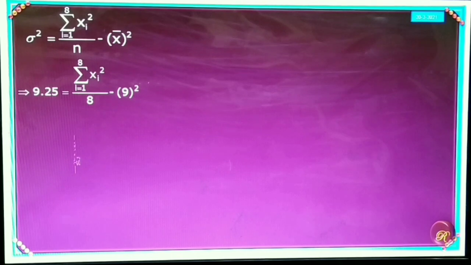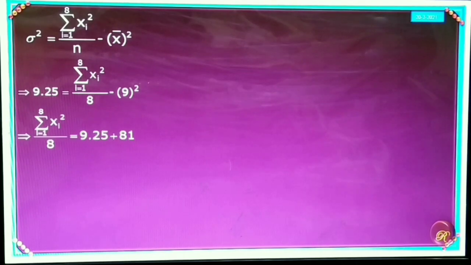Implies summation of xi square divided by 8 is equal to 9.25 plus 81 when you shift 9 square to the left side, which is equal to 90.25.